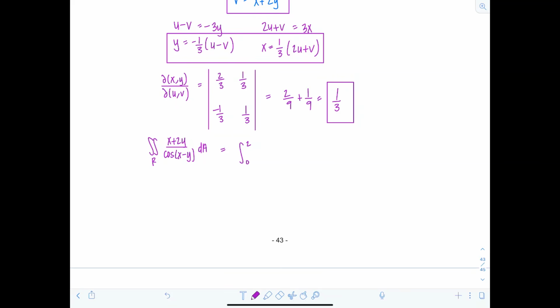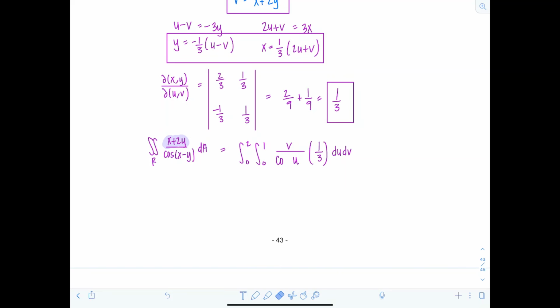Those are the limits on S in the v direction. And then 0 to 1 for u. And then notice x plus 2y, that's equal to v, over cosine of, well, x minus y is u. And then you've got the absolute value of your Jacobian. This is du dv.